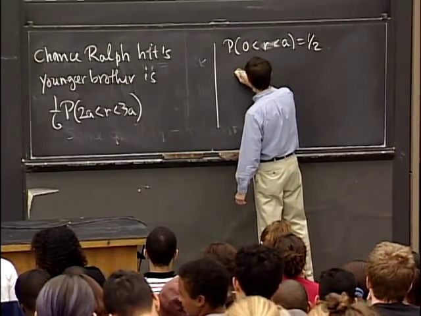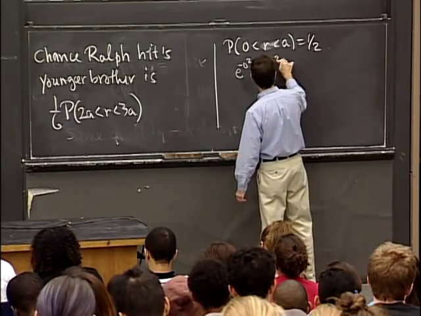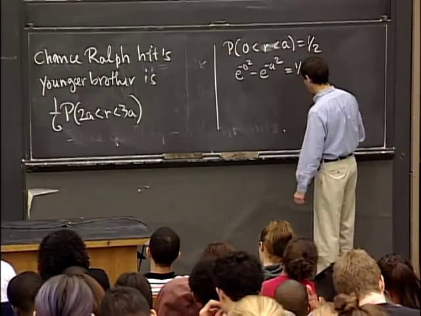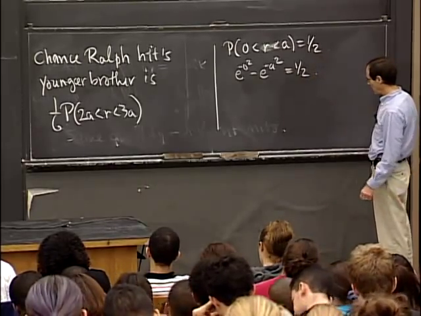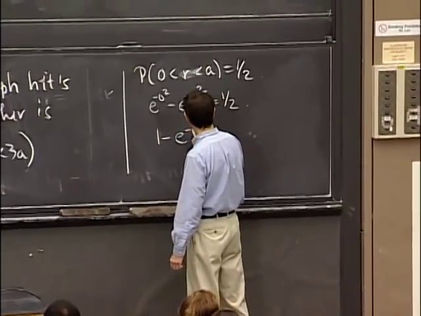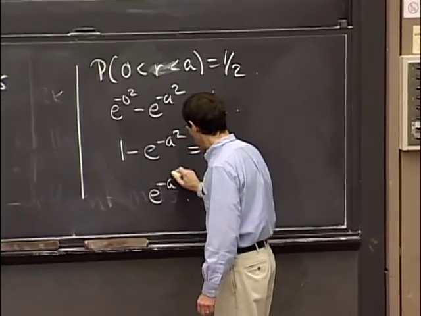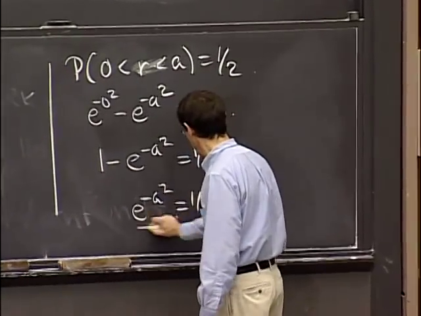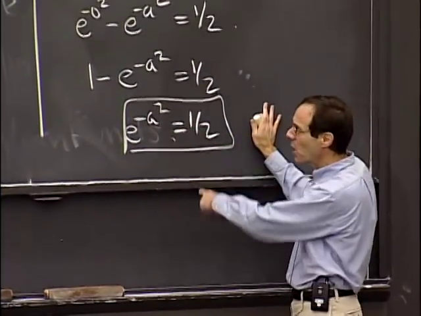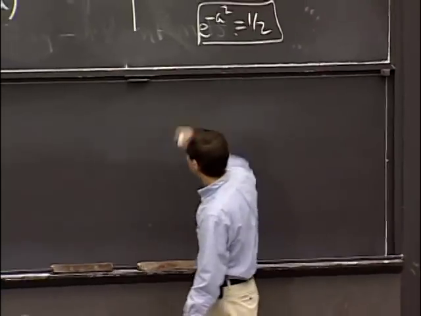This is e to the minus 0 squared minus e to the minus a squared. That's what this probability is, and that's equal to a half. So that means that 1 minus e to the minus a squared is equal to a half, which means that e to the minus a squared is a half. I'm not going to calculate a. This is the part of the information about a that I want to use.